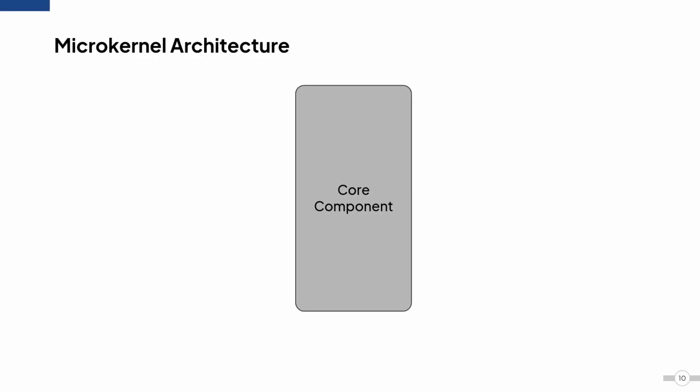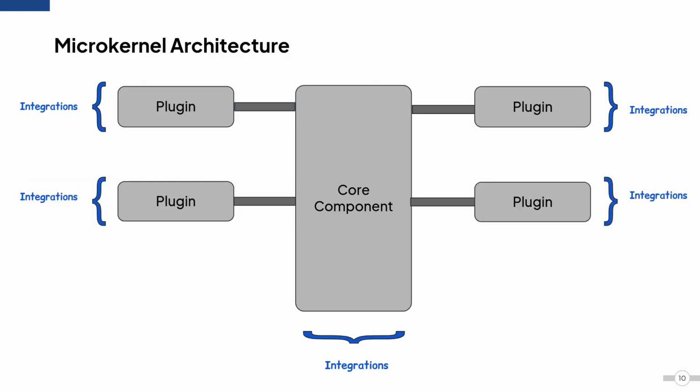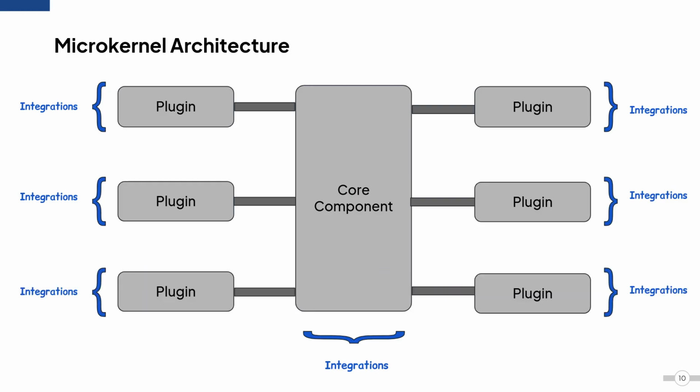And then if you look at another architecture type called the microkernel architecture, there may be a core component, and it may be doing some integrations, but you may have other components brought in as plugins, and those plugins may be doing different integrations based on what the plugin is supposed to do. This kind of architecture is not very popular when it comes to developing enterprise applications.